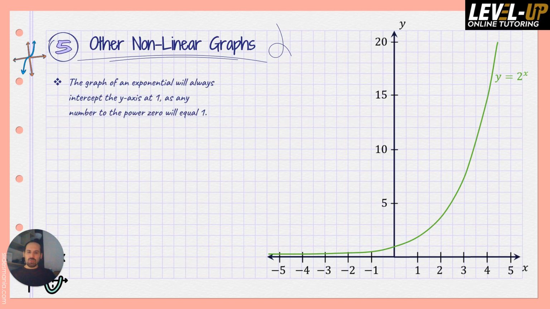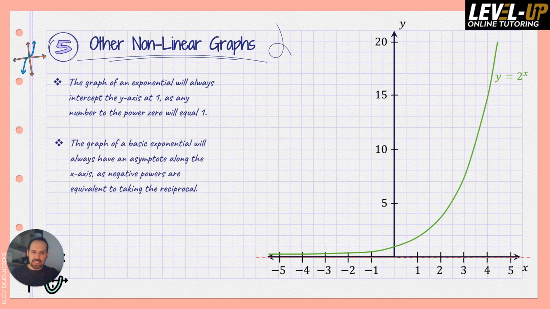It's always going to have this kind of shape where it just shoots up to infinity in the positive direction. In the negative direction, it's going to converge towards zero. So you see it has this asymptote along the x-axis, essentially. It's always going to intersect the y-axis at 1 because when x is 0, any number to the power 0 is always going to be 1. So it always intersects at 1.